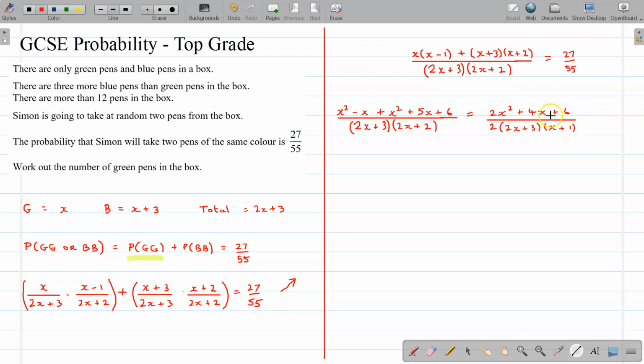And because they're all even numbers, that's easy, because that's going to be 1x squared, 2x, and 3. So I'm going to now go on to say that this equals x squared plus 2x plus 3, and all of that can now be written over 2x plus 3, x plus 1.